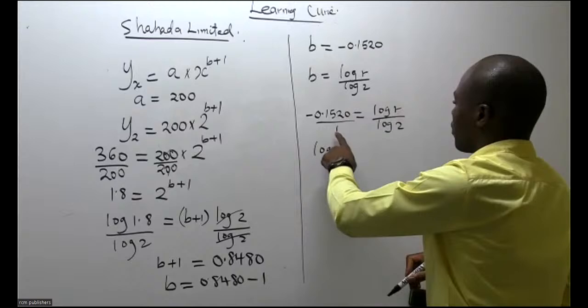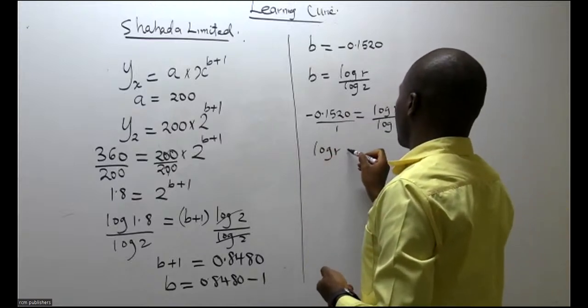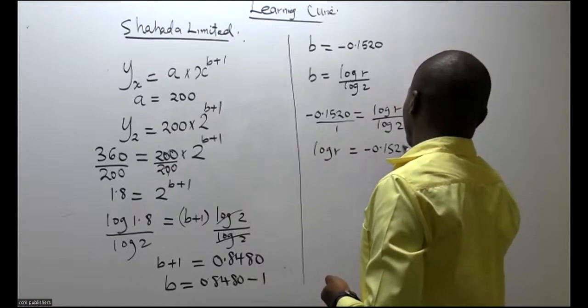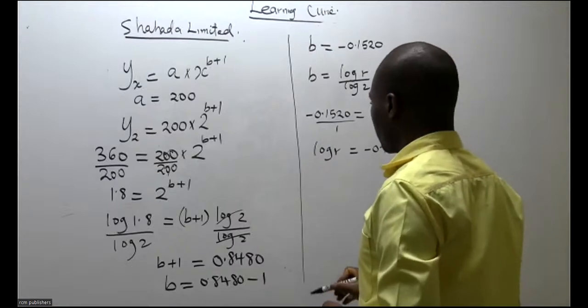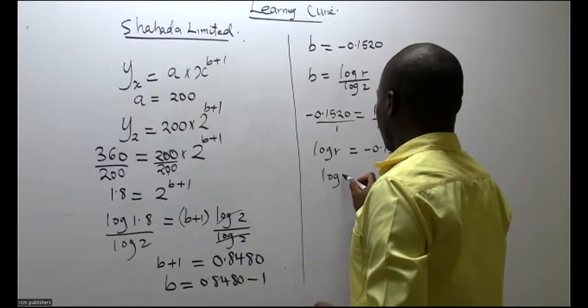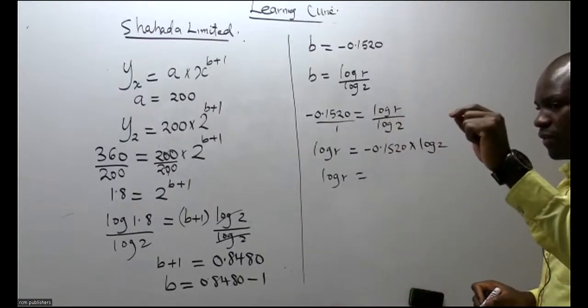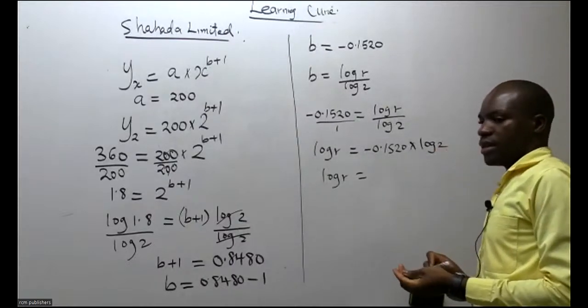Log R is equivalent to negative 0.1520 times log 2. So our log R will be equivalent to the answer you have there, times log 2.